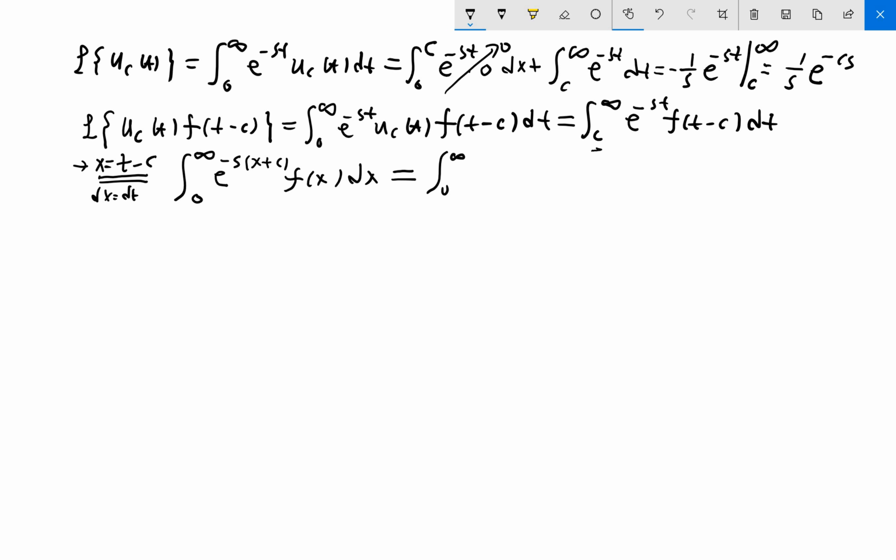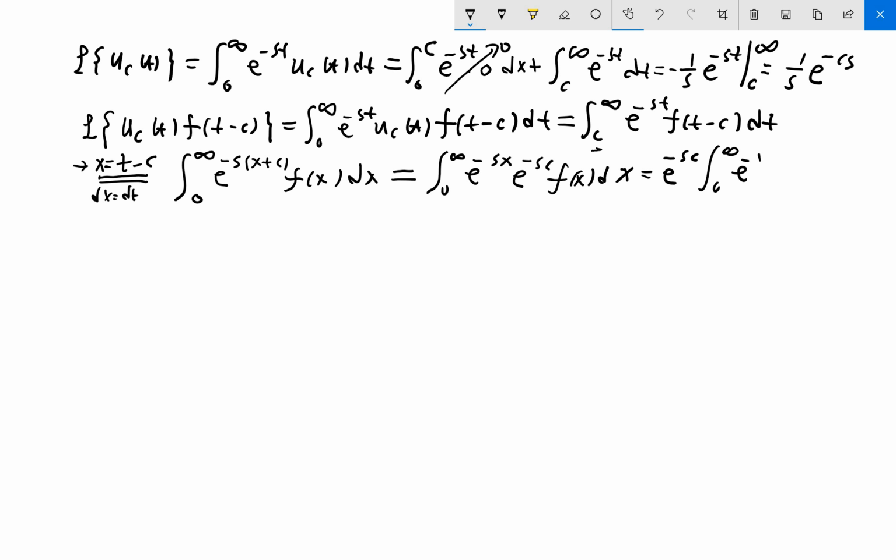So this one can be simplified like this: the integral from 0 to infinity of e to the negative sx times e to the negative sc f(x) dx. So e to the negative sc is a constant. You can put that out.